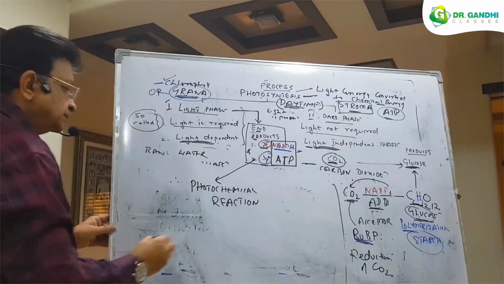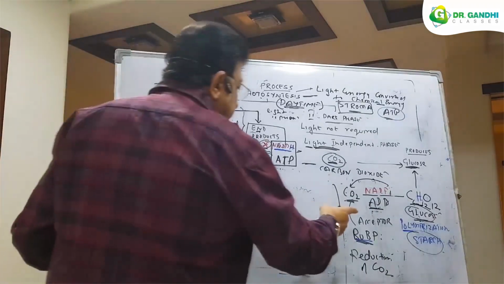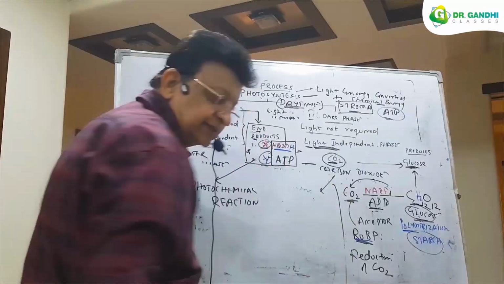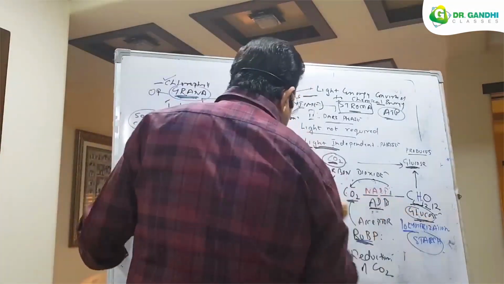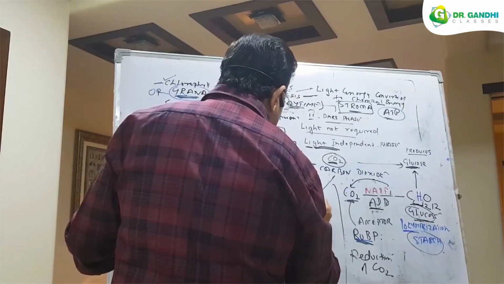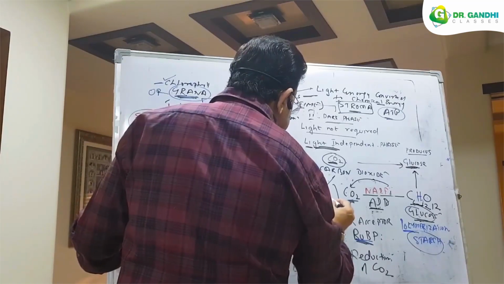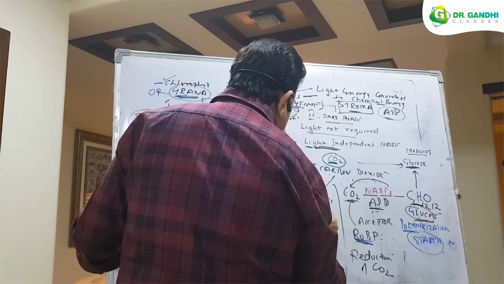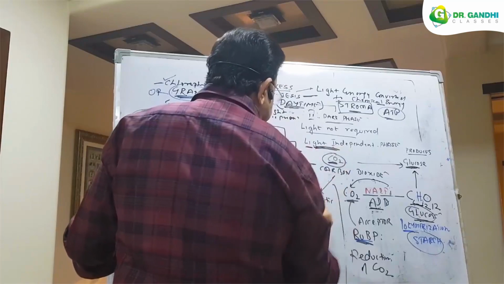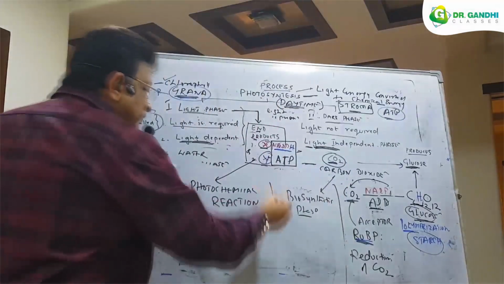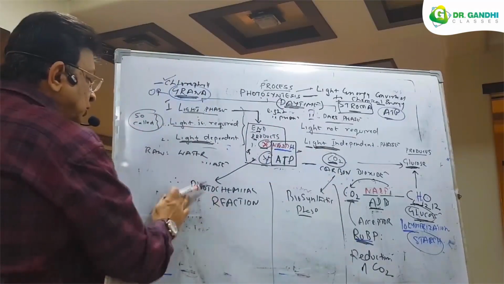Here you can see glucose is produced, therefore called biosynthetic phase. So the other term for light independent phase is biosynthetic phase. For light phase it is photochemical.